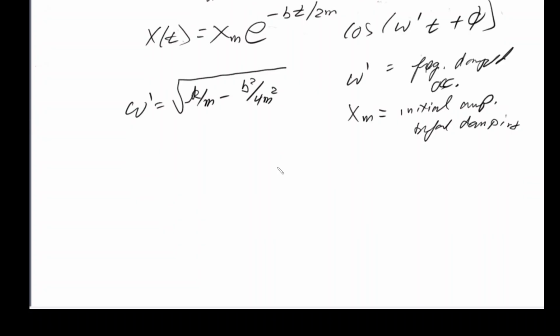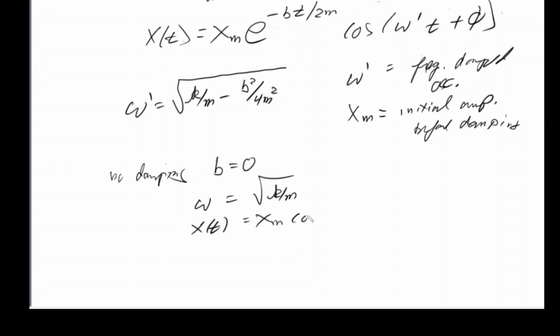Now, if there's no damping, then the damping constant is equal to 0, and omega simply becomes the square root of k over m. And x of t simply becomes xm times the cosine of omega t plus phi. And these are what we had before when we had no damping.